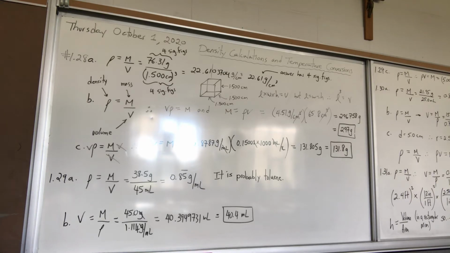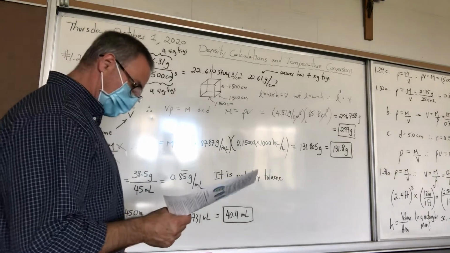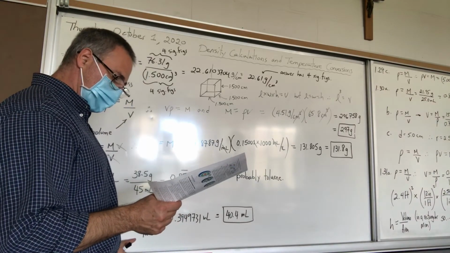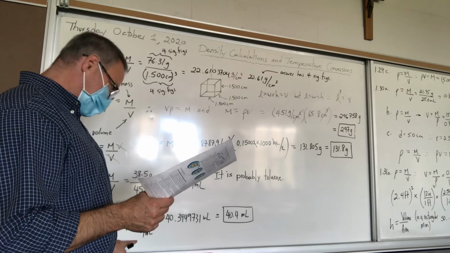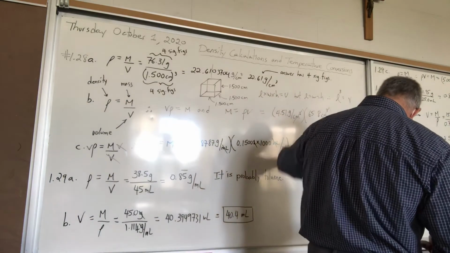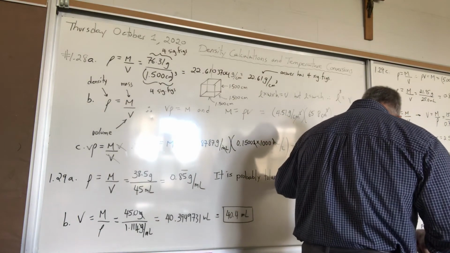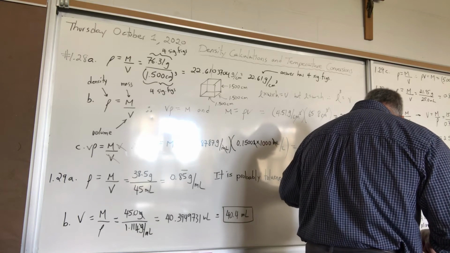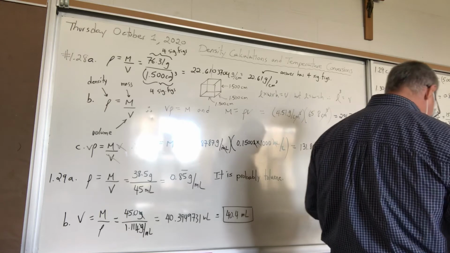129B: an experiment requires 45 grams of ethylene glycol, a liquid whose density is 1.114 grams per milliliter. Rather than weigh the sample on a balance, a chemist chooses to dispense the liquid using a graduated cylinder. A graduated cylinder is basically a tall, skinny container with a bottom, and it's got little marks on it, so you can measure how much liquid you put in it.